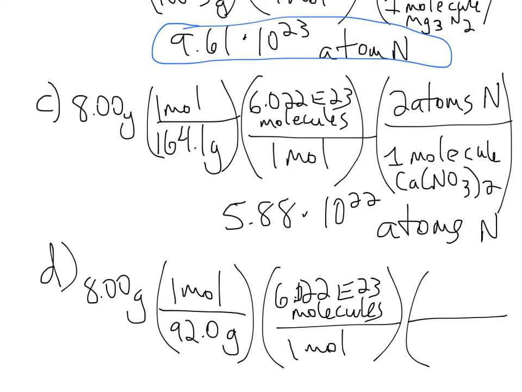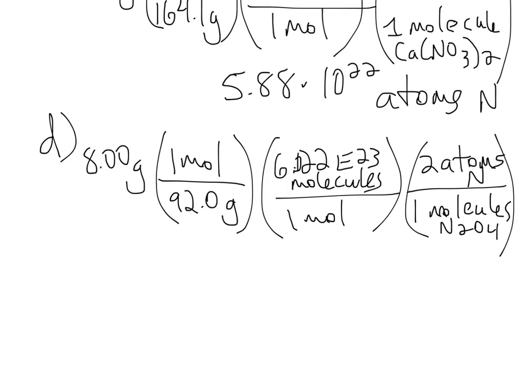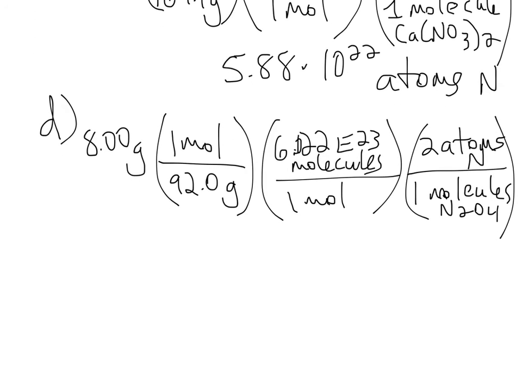And then within N2O4, for every one of those molecules, there are 2 atoms of nitrogen. And I know that because of the subscript 2 in the formula, N2O4. So that works out to be 1.05 times 10 to the 23rd atoms of nitrogen.